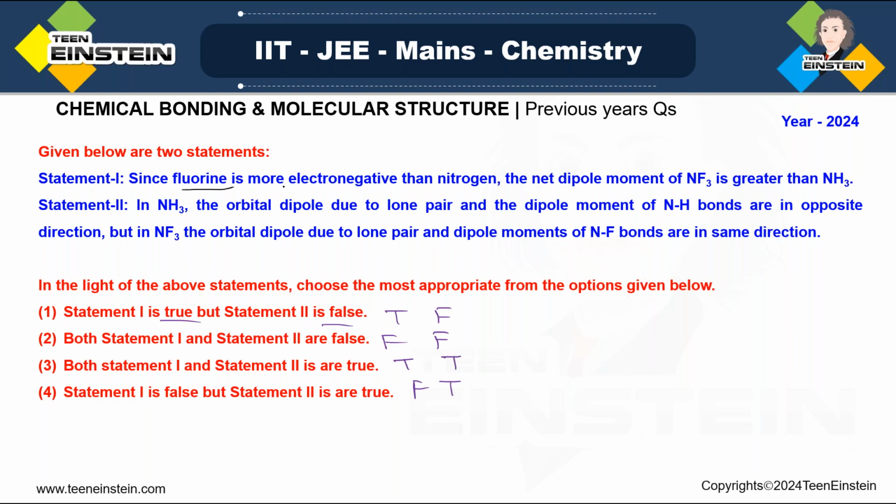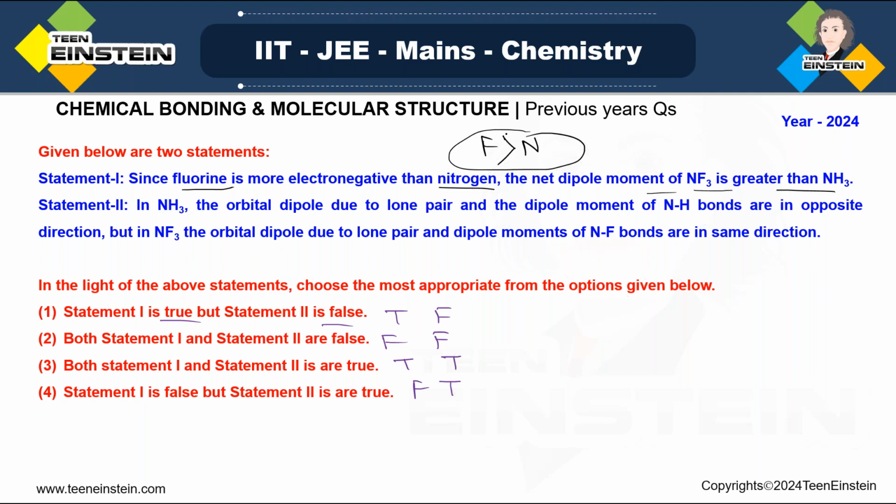It is saying that since fluorine is more electronegative than nitrogen, which we know, the net dipole moment of NF3 is greater than that of NH3. So it is saying that because F is more electronegative than N, the overall dipole moment of the molecule NF3 is greater than that of NH3.